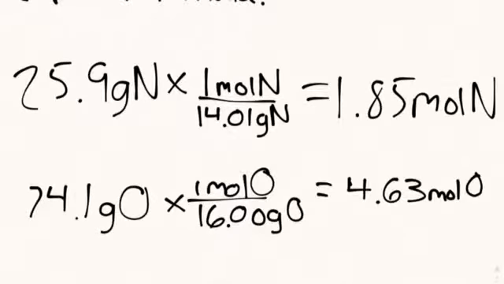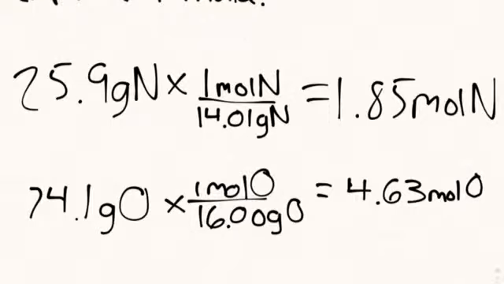So you divide 25.9 by 14.01 and get 1.85 moles of nitrogen, and then divide 74.1 grams of oxygen by 16 to get 4.63 moles of oxygen.